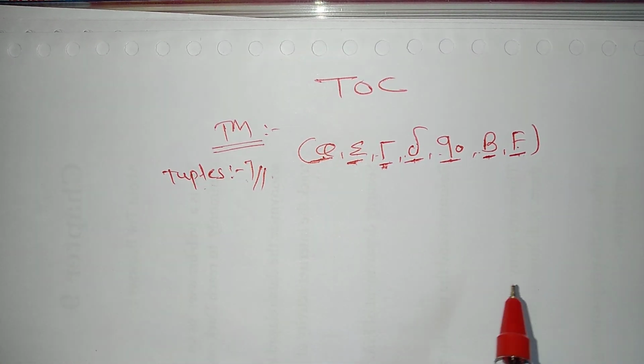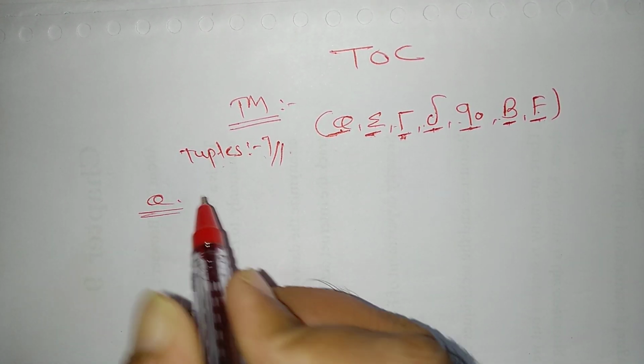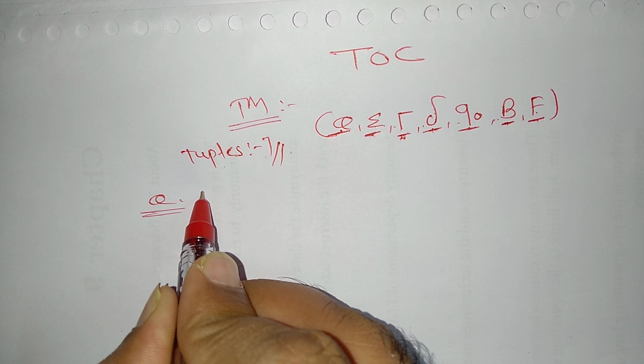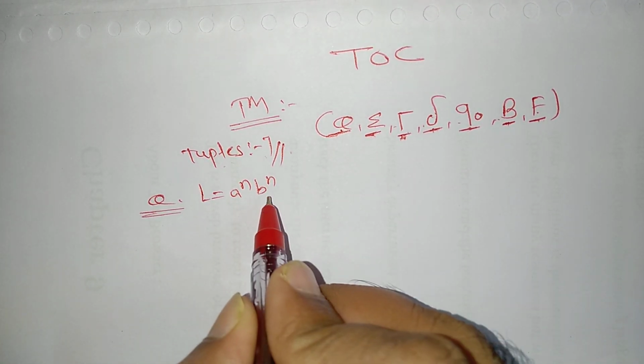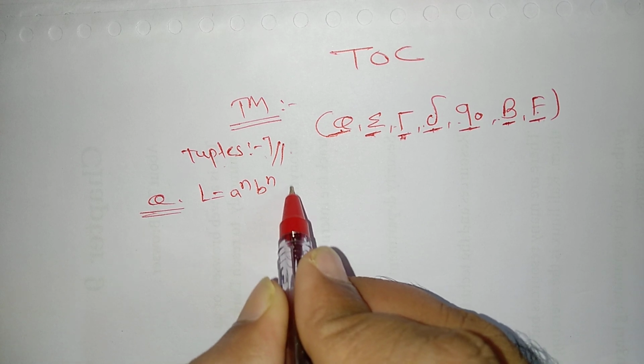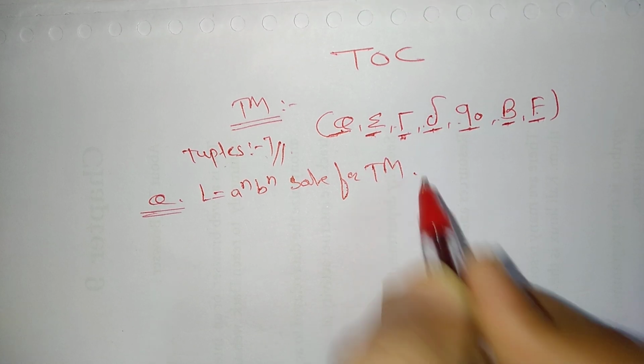Here we will see a problem. Let's take one example: the language a to the power n, b to the power n. Solve it for a Turing machine.